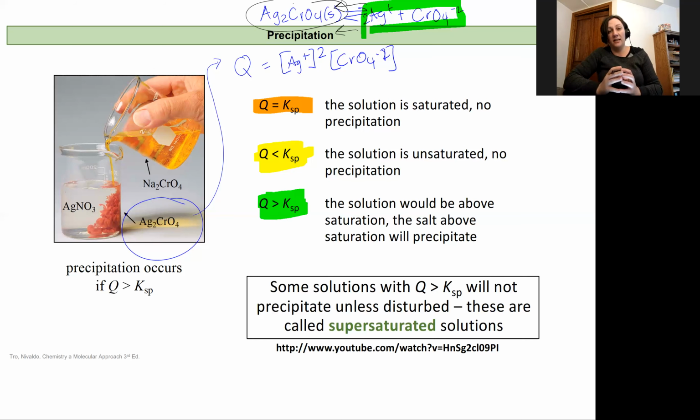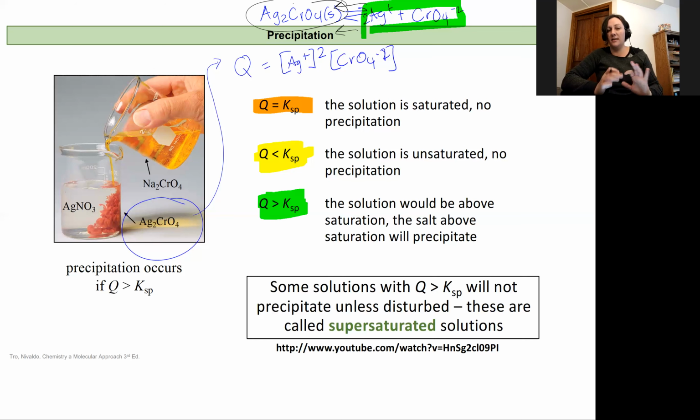That solid then will look like a precipitate that just crashes out of solution, like we're seeing in this image right here. So for solutions, if you want to know if something will precipitate, you calculate Q in the same way you would calculate the solubility product, compare it to the known solubility product, and if it's larger, then you know you'll have a precipitate form.